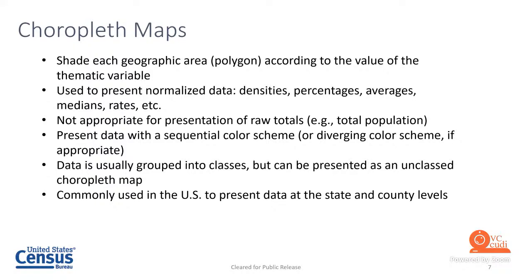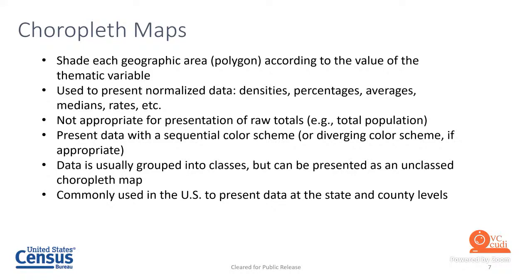We can also use a diverging color scheme if it's appropriate for the data, and I'll show an example of that in one of the following slides. The data on choropleth maps are generally grouped into classes. We usually use between 5 and 8 classes on a choropleth map. For example, the first class may include data from 0 to 9.9%. The second class would contain data from say 10 to 19.9%, or something along those lines.